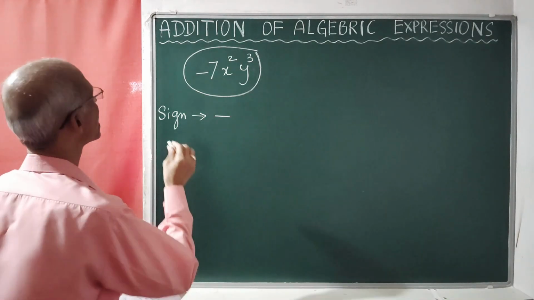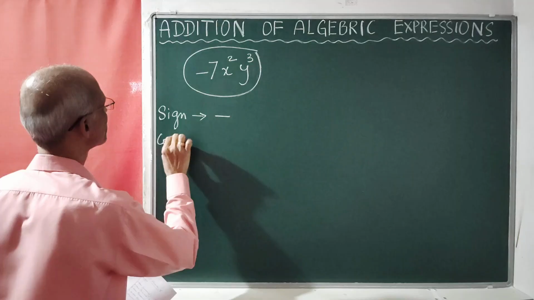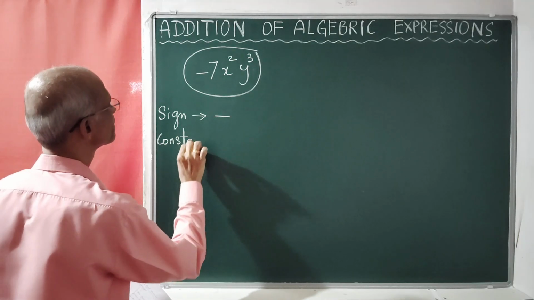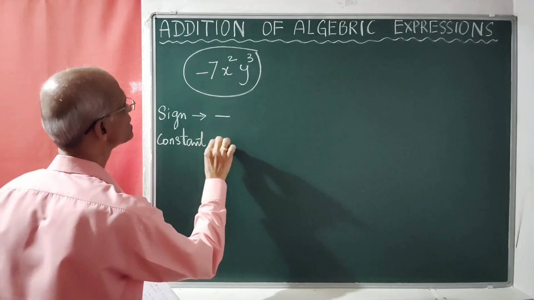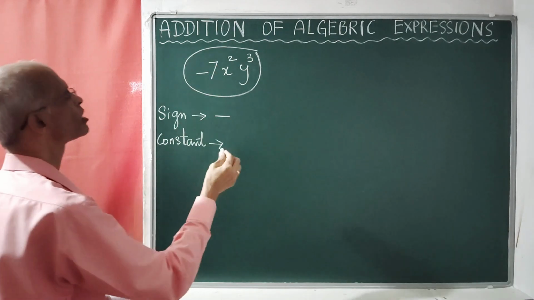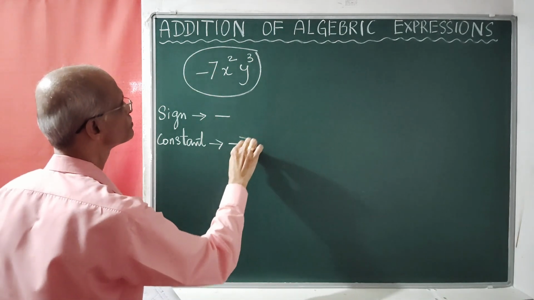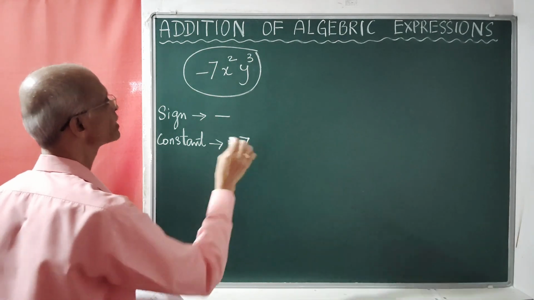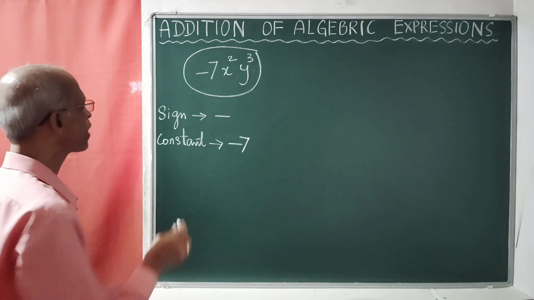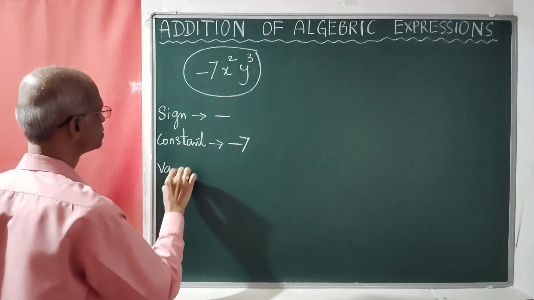Then every term will have a constant. In this case, the constant of this term is minus 7. Every term will have variables.